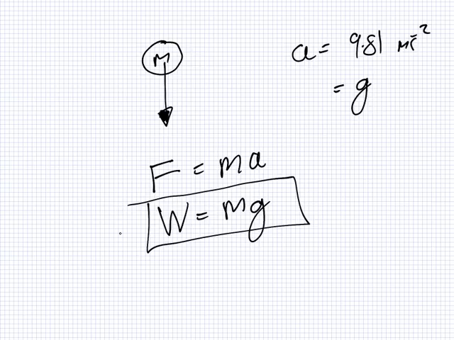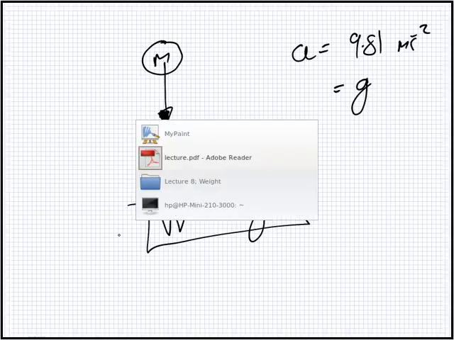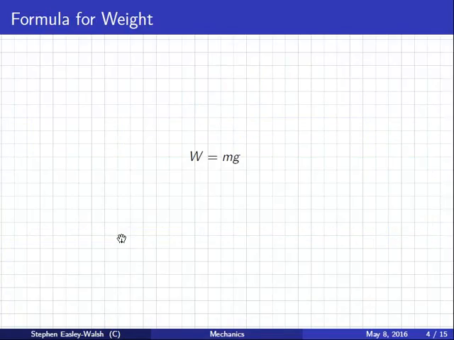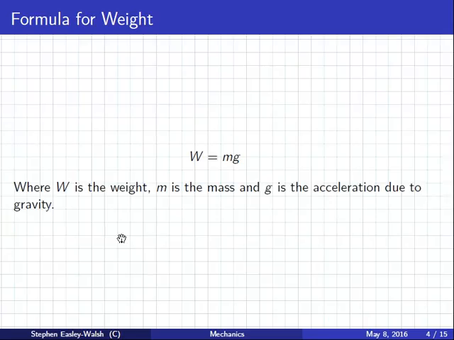So this is like our first formula, very, very simple formula. Weight is mass multiplied by gravity. g is always 9.81, yeah. On Earth. Okay, got that? Weight is W, m is mass, and g is gravity's acceleration.